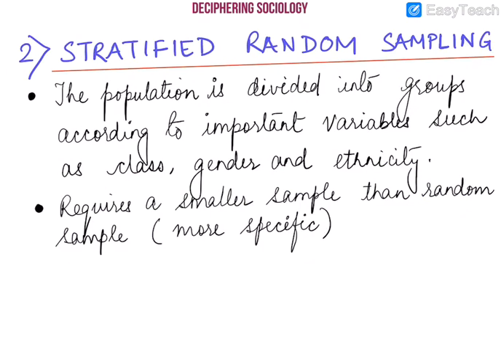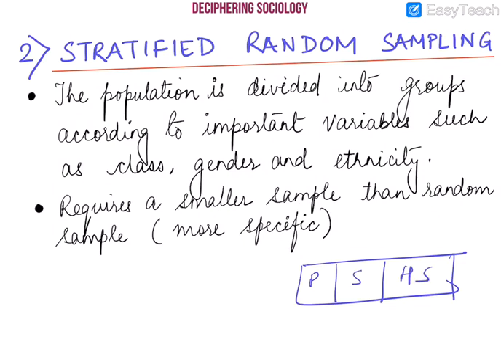The next one is stratified random sampling. What happens in a stratified random sampling? That is what I did when I divided the school into 3 categories: the primary, secondary and the higher secondary. So I created certain strata, stratified it into groups according to important variables. The variable can be anything.